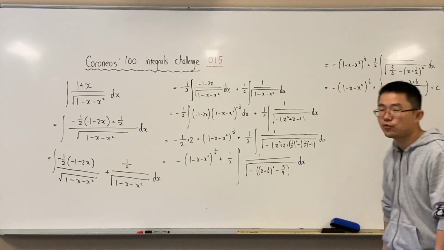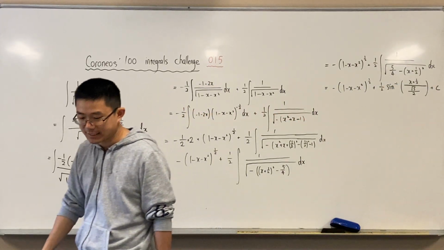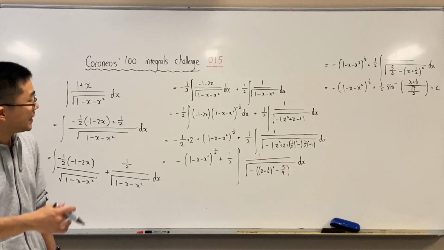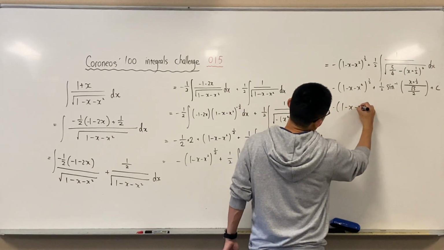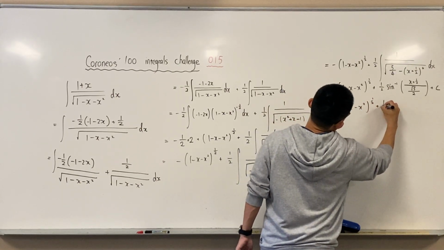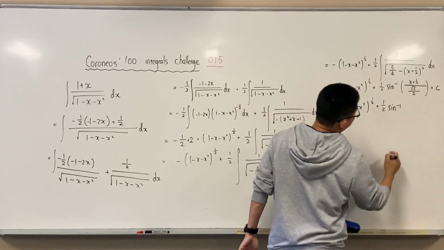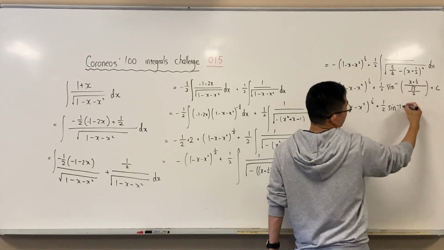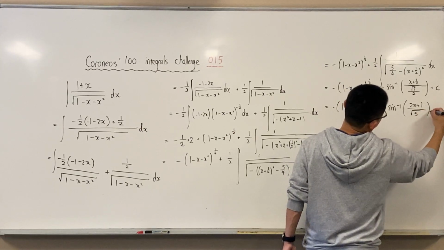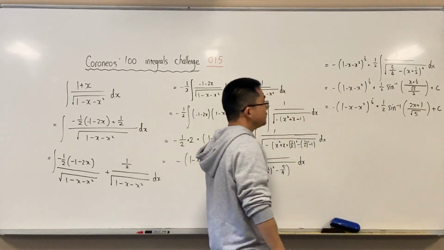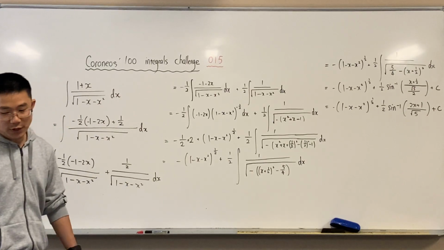Now, of course, you can rearrange these to change that. So you can take the 2 out right to the top. That gives you minus, plus half sine inverse. Now you can take this 2 to the top. That gives you 2x plus 1 over square root of 5, plus c. And that gives you the final answer for this question here.